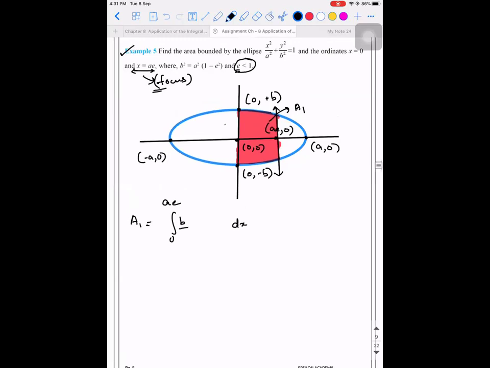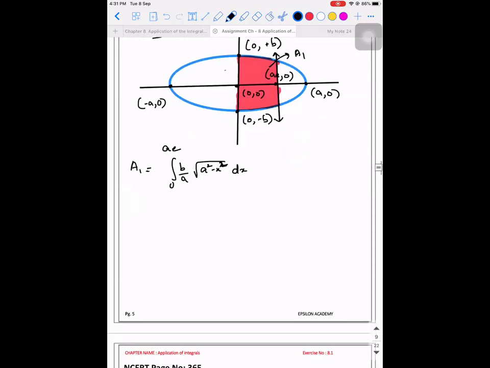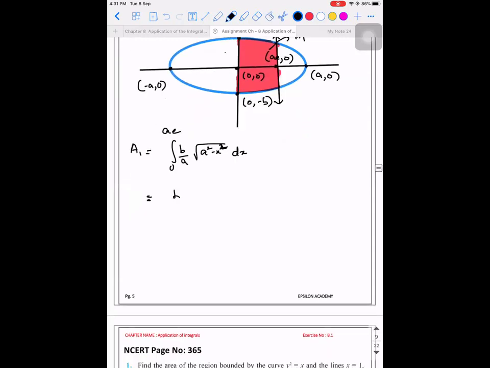You already know this: b by a into root of a square minus x square. I wrote it directly, but don't write it directly in the exam. Ensure you solve it and show all the steps. A1 is b by a into the integral from 0 to ae of root of a square minus x square dx. So the area will be equal to 2 times A1. First find this area and multiply it with 2. You will get the required answer.